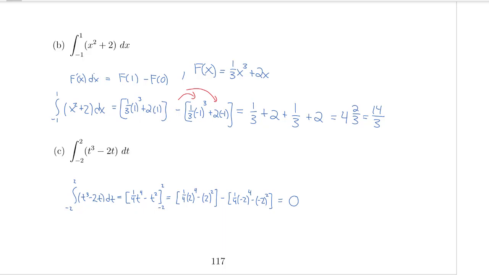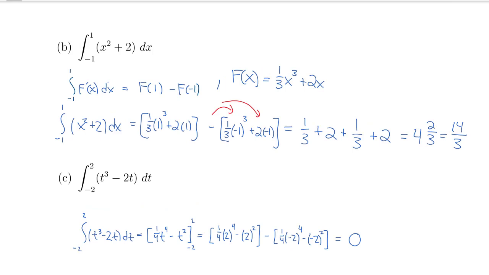So again, that integral is equal to the change in the antiderivative, in this case from -1 to 1. And so a good suitable antiderivative here will be 1/3 x cubed plus 2x. And again, you can take the derivative of that to check, and you should get back to x squared plus 2.